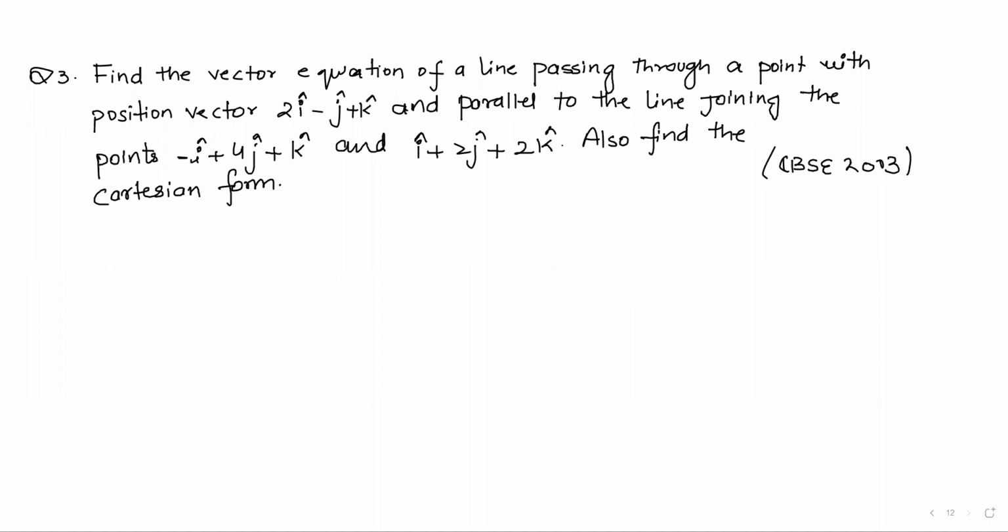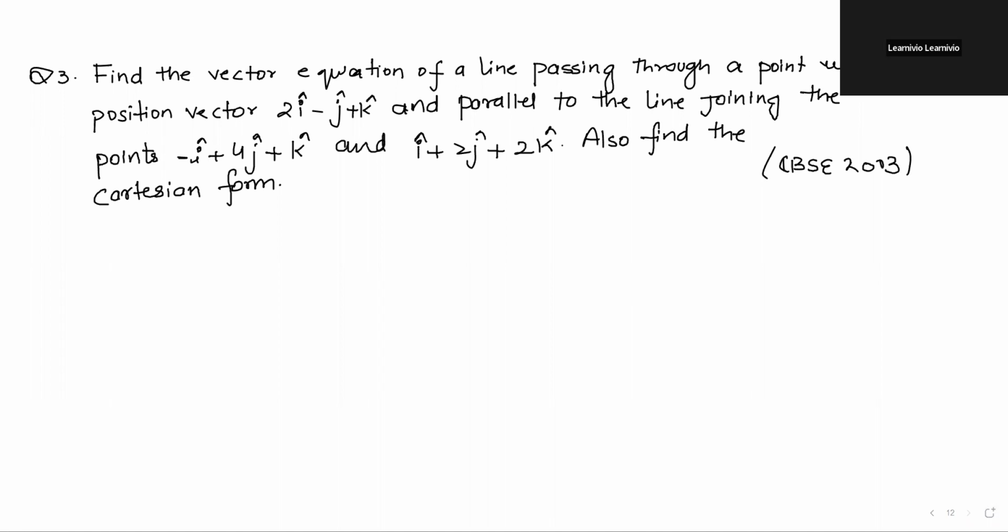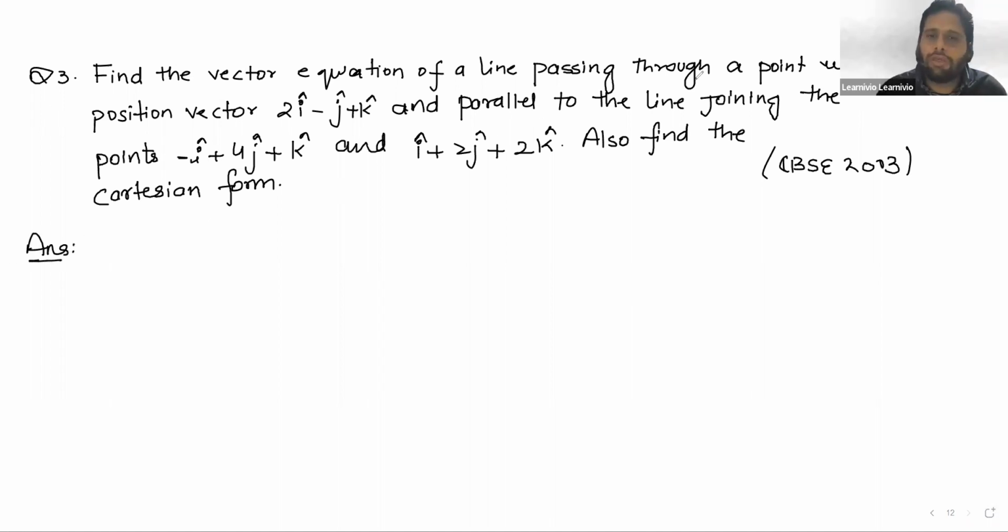Observe, it is not complete, but yes, partially it is correct. Please complete this question. Okay, I will help. Please check here. We need to find the vector equation of a line which is passing through a point with position vector this one. So line is passing through this and parallel to the line joining these 2 points.